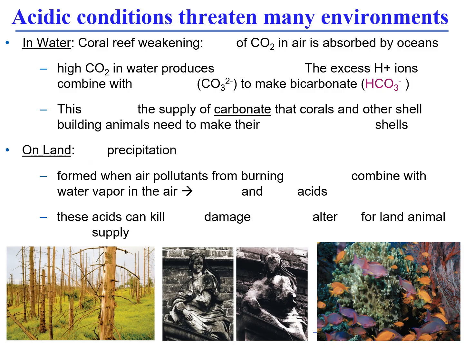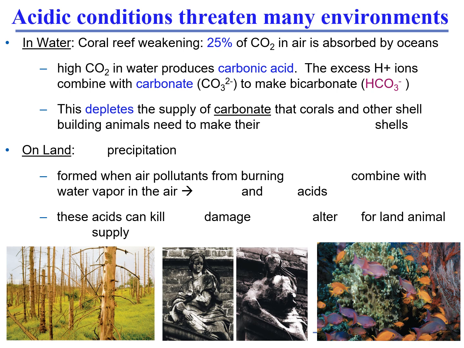So acidic conditions threaten many environments. In water, coral reef weakening is caused because 25% of carbon dioxide in air is absorbed by oceans. High CO2 in water produces carbonic acid. The excess hydrogen ions combine with carbonate to make bicarbonate.